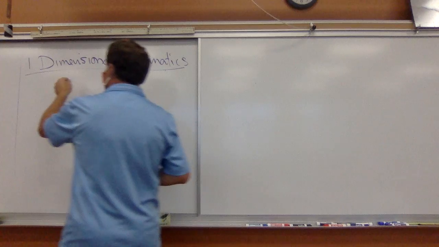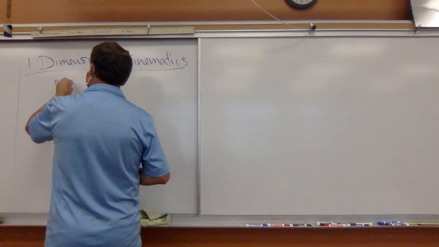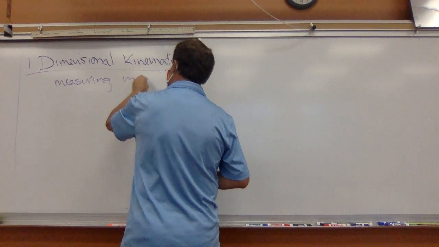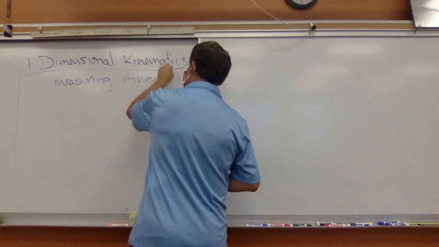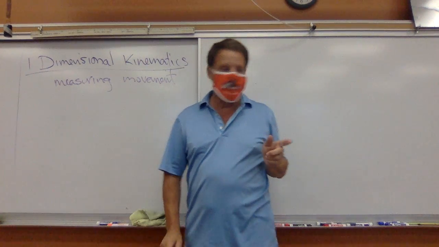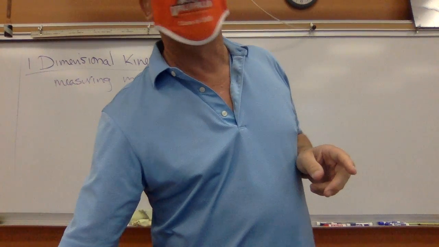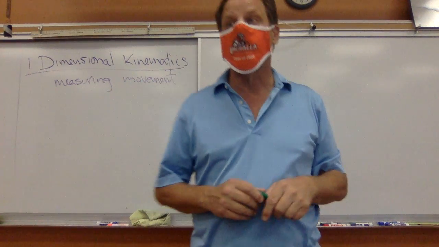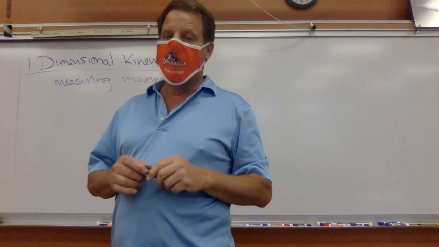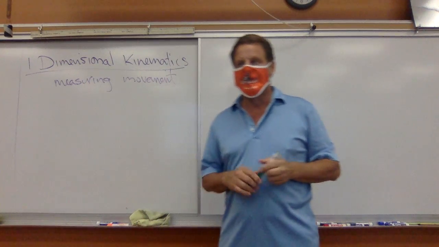So this is essentially measuring movement. We are going to do this one-dimensionally, and then next week, which is essentially going to be chapter 3, we're going to be doing 2 dimensions. So chapter 2 is one-dimensional kinematics.